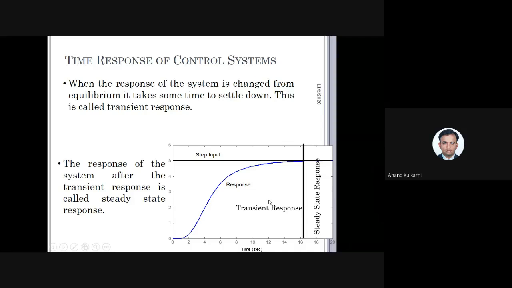Before this is the transient response. After this time, it is called the steady state response. So the transient response is the output before it reaches the input, and what happens after it reaches the input is called the steady state response.